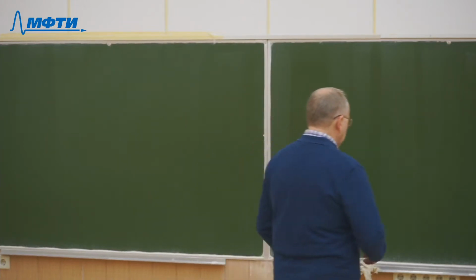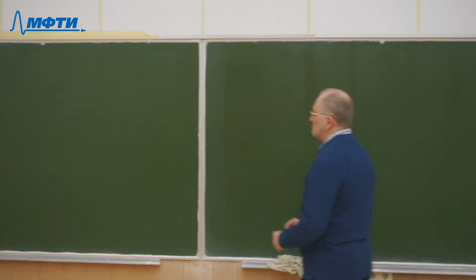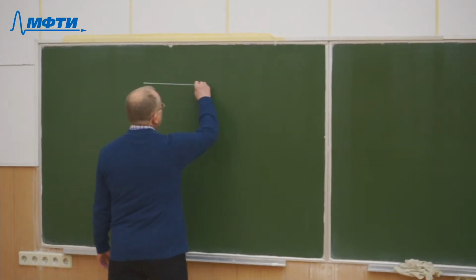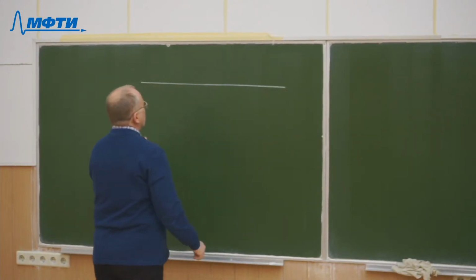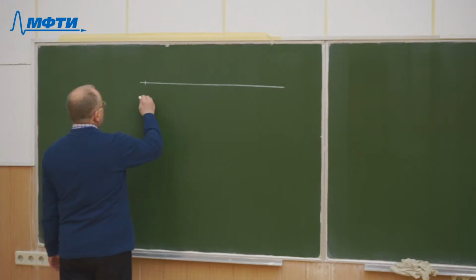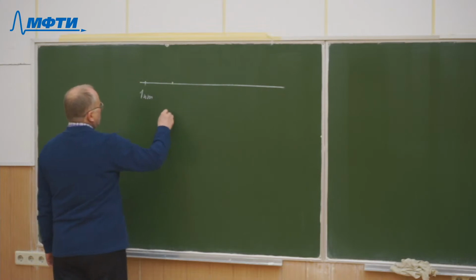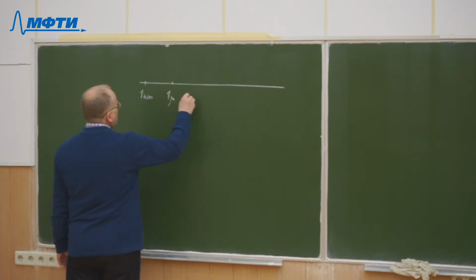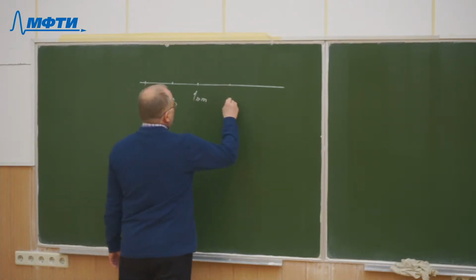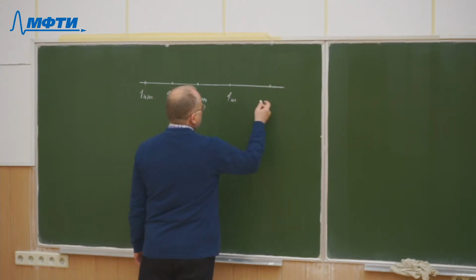And to discuss this issue, I will draw a line to show different wavelengths of electromagnetic radiation, and let this be, for example, 1 nanometer, and this will be 1 micron, and that will be 1 millimeter, and that will be 1 meter, and that will be 1000 meters, 1 kilometer.